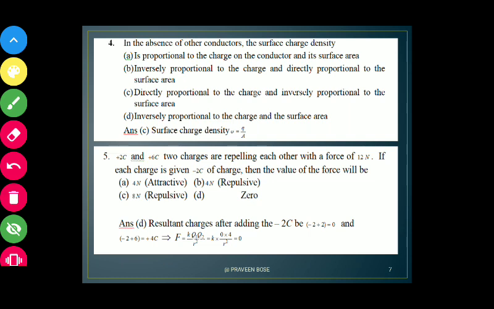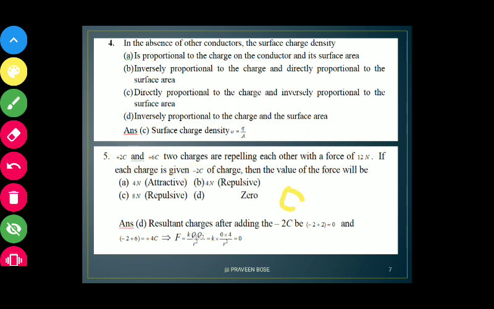Then the fifth one is we have two charges, plus 2 Coulomb and plus 6 Coulomb, and they are repelling each other with a force of 12 Newton. Then they are asking, if each charge is given minus 2 Coulomb. Now you can see plus 2 Coulomb and minus 2 Coulomb. What is the sum of plus 2 Coulomb and minus 2 Coulomb? 0.